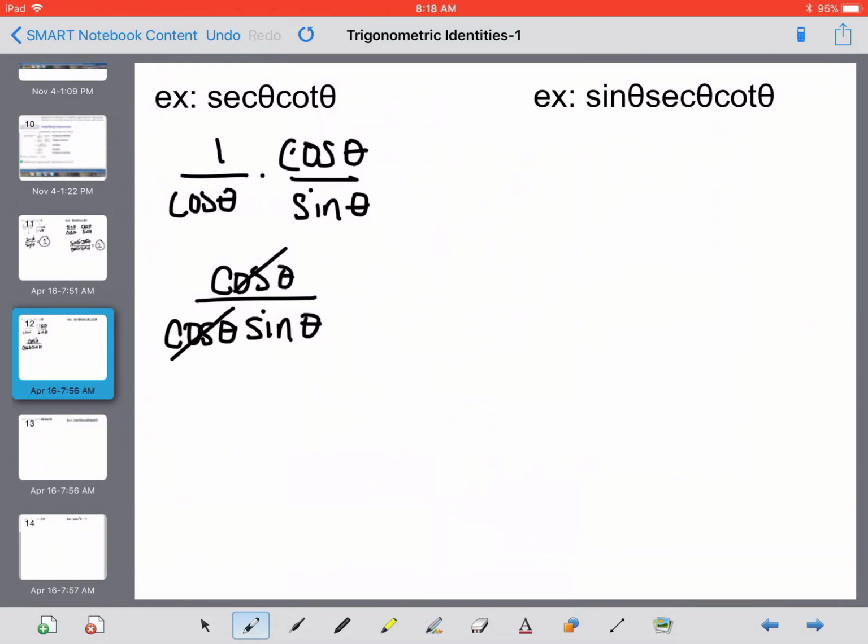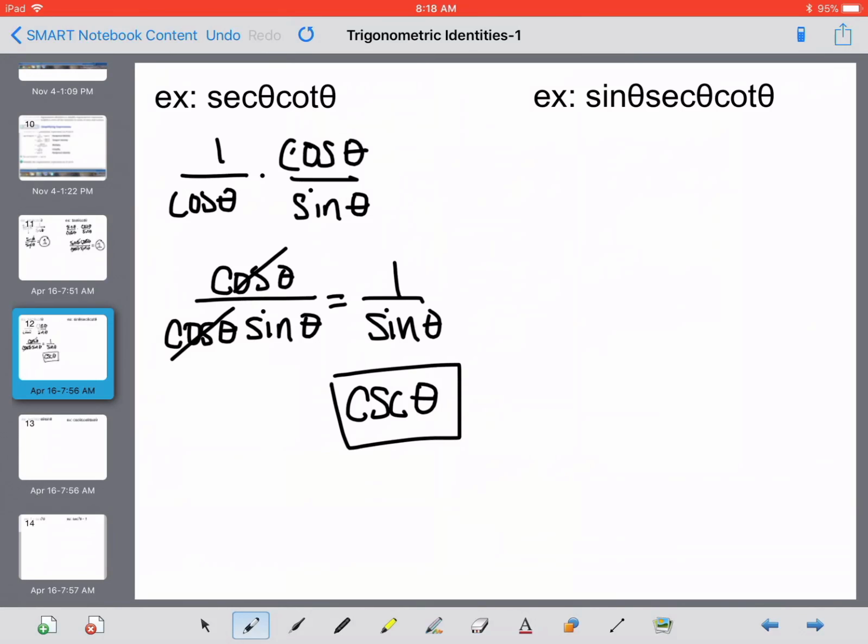Again, the cosines cancel out, and I'm left with 1 over sine. You might think you're done, but not quite. I don't want this fraction, 1 over sine. That's the cosecant, so that would be my answer.